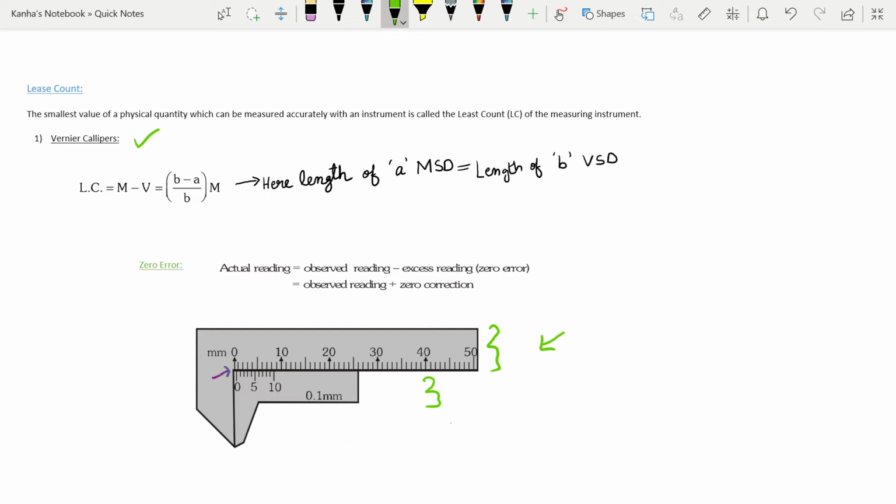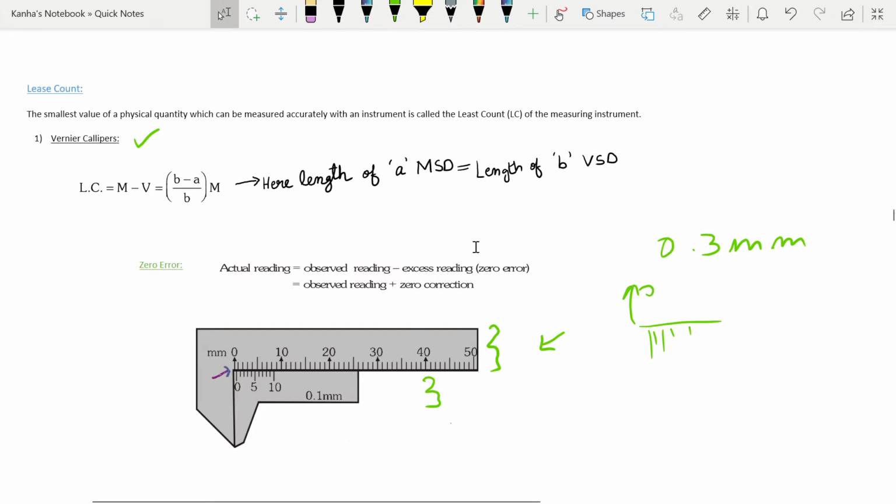For example, if my zero error is 0.3 millimeter, that means at the time when you're not measuring anything, your main scale division, which is this, and your vernier scale division, which is something like this.